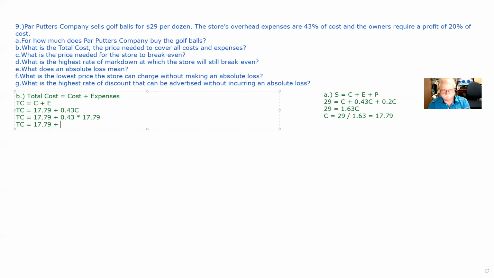Let's find out. 0.43 times 17.79 is 7.65. So total cost turns out to be equal to 17.79 plus 7.65, $25.44. So that's our answer to part B. That's the total cost.